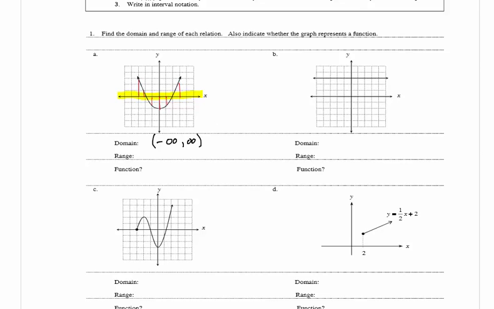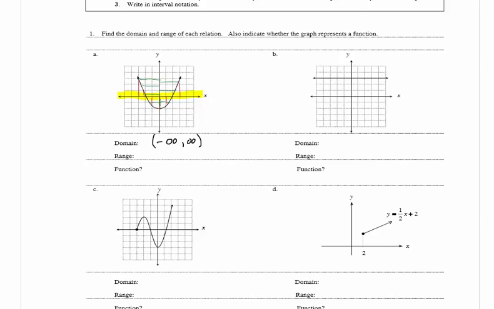And for the range, we're going to draw horizontal lines from the relation to the y-axis. So we have lines coming from both directions to the y-axis. And again, this function is going to go up forever because of the arrows pointing up.